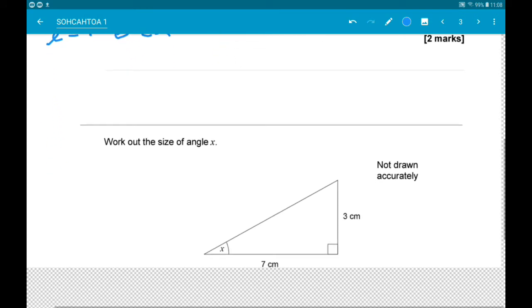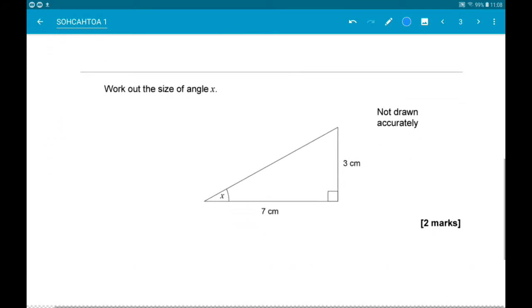Okay, number 2. So this time we want to work out the size of angle x. So again, work out which sides we have. So we have the opposite and the adjacent.